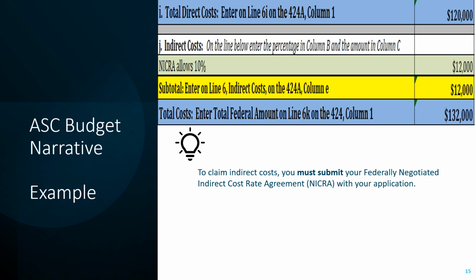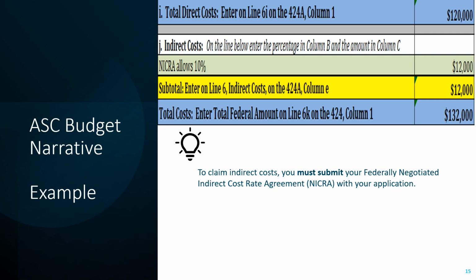That is consequently the max amount that you could request of direct costs for year one. But let's say you have indirect costs, an indirect cost rate agreement or a federally negotiated indirect cost rate agreement, or NICRA, with your cognizant agency.